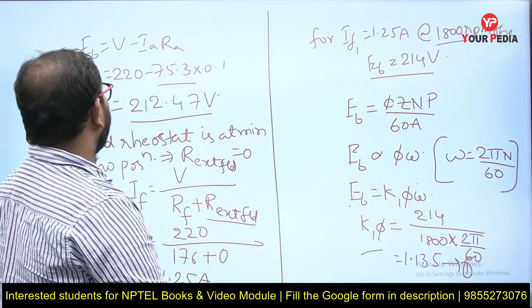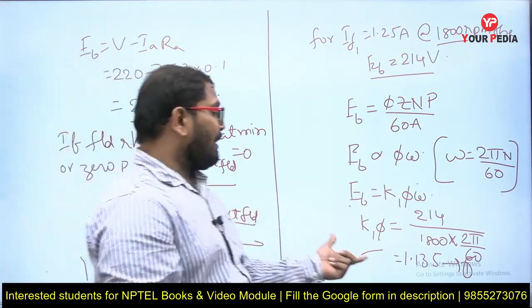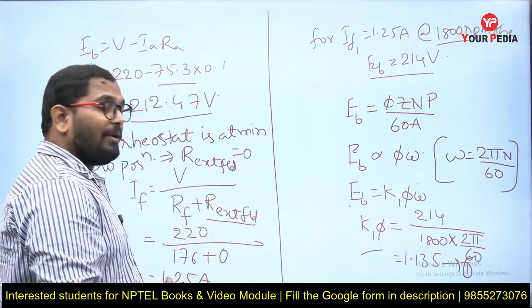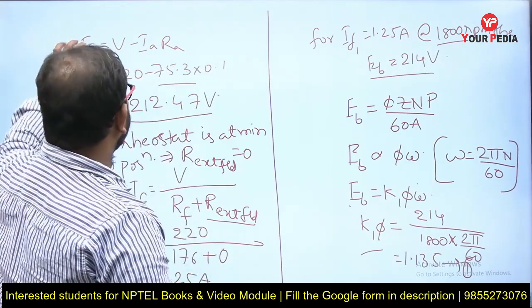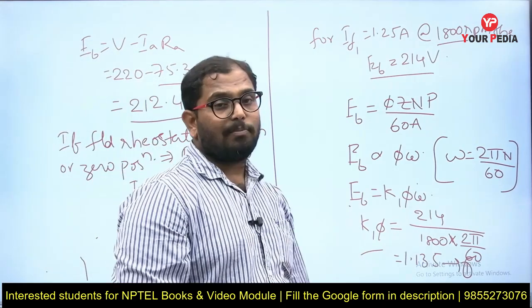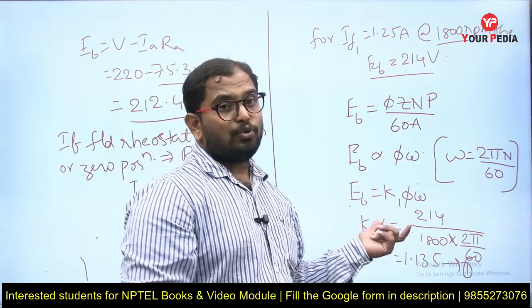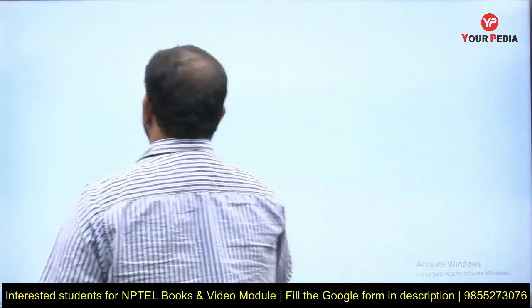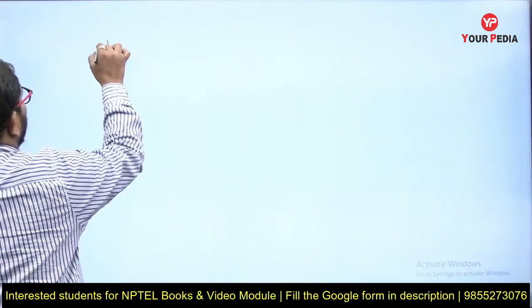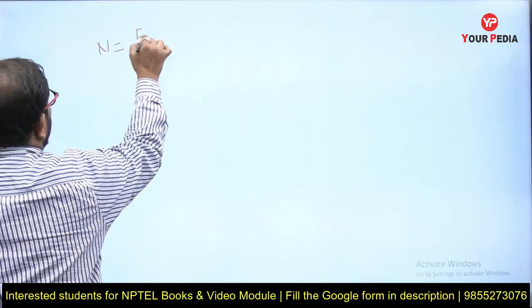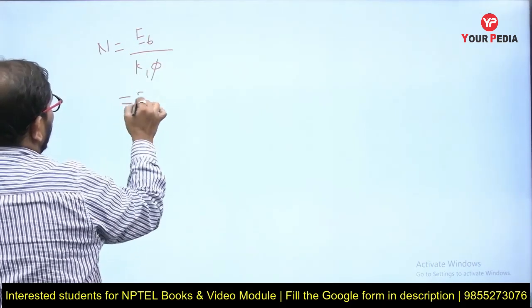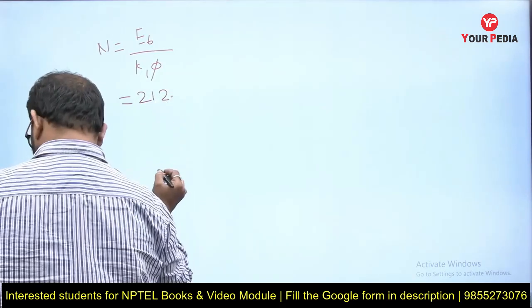The actual EB is this one, and k1 phi is the constant for IF equal to 1.25 amperes, so taking the ratio of EB with respect to this k1 phi will give you the new speed value. Now let's calculate that value. What is the new speed? N is equal to EB by k1 into phi. What is EB? It is 212 point something we got.